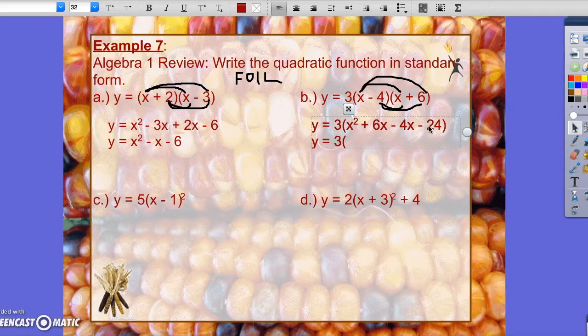So keep the 3, combine like terms inside. We could combine the OI. 6x minus 4x is positive 2x. And then the last step, you're going to take that 3 and distribute it to all parts. So you get 3x squared plus 6x.